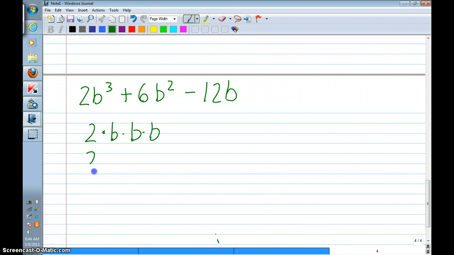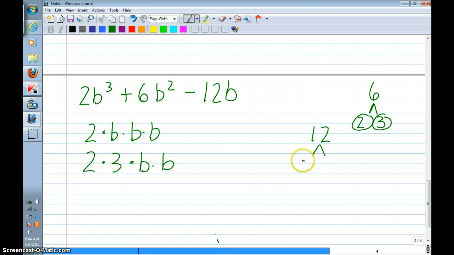For 6, the prime factorization of the numbers is 2 times 3. On the side, you can write a factor tree to help think of that, times b times b. Now think of the prime factorization of 12. The numbers come out to 2 times 2 times 3 times b.